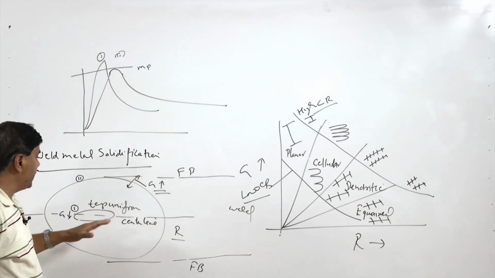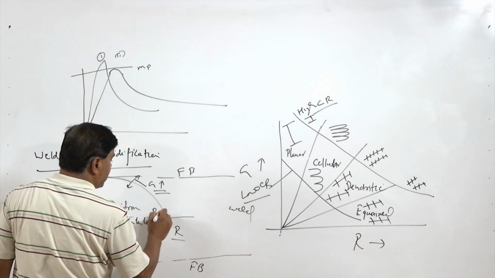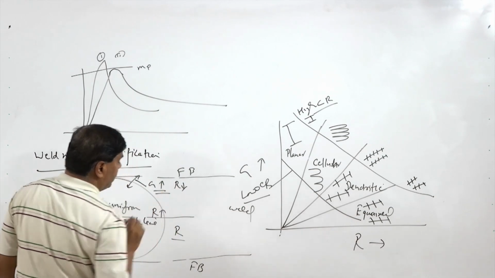So the high cooling rate results in a higher growth rate also. So R value is high at the center and R value is low at the fusion boundary.